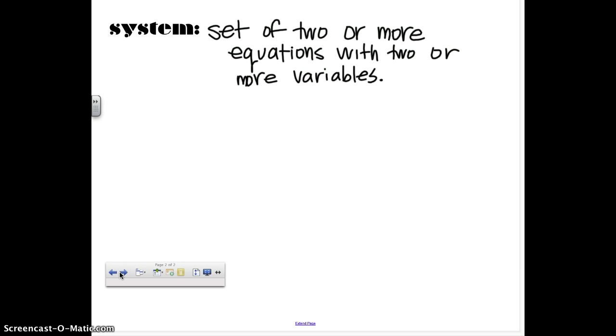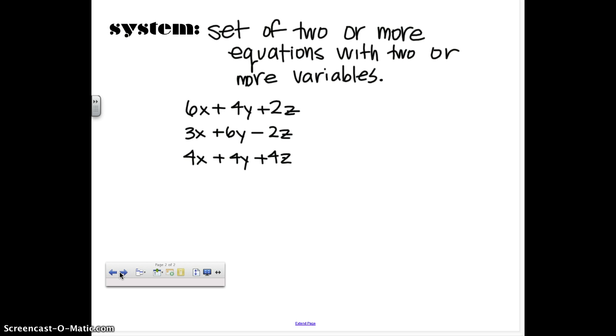Okay, so 2 or more equations with 2 or more variables. Something like this. And since they're equations, we would always have an equal sign on the outside too. That would be a system.